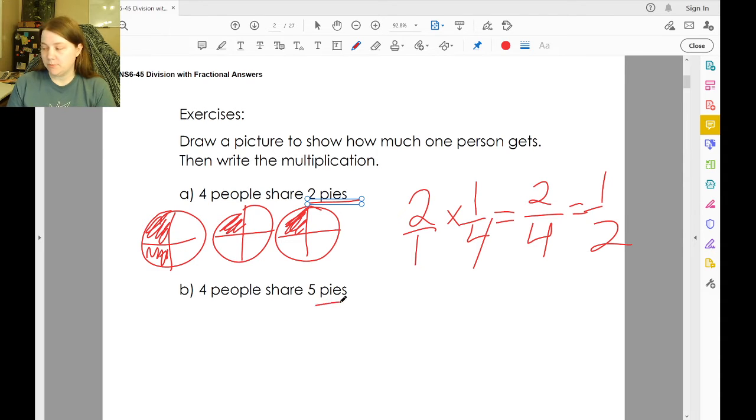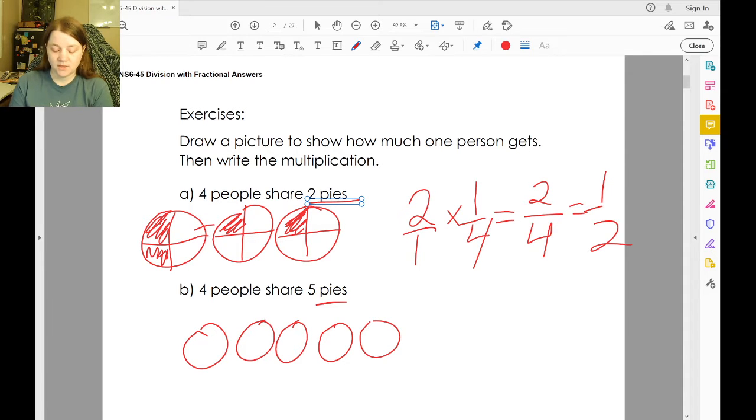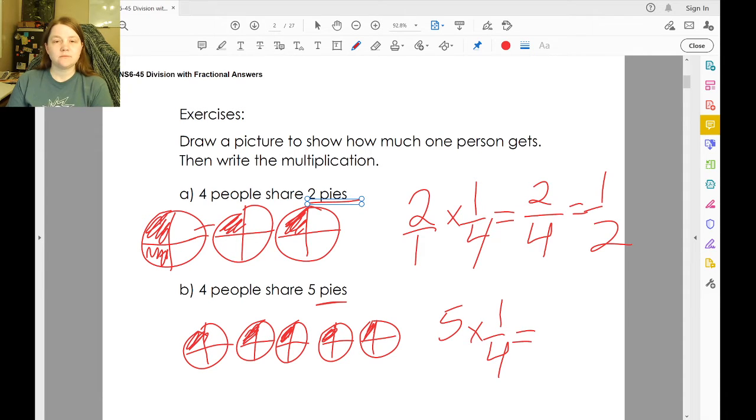If 4 people share 5 pies, that would be 5 circles. Each pie still split into 4ths, which means there are 5 pieces that I'm getting, and I'm getting 1/4 of each.